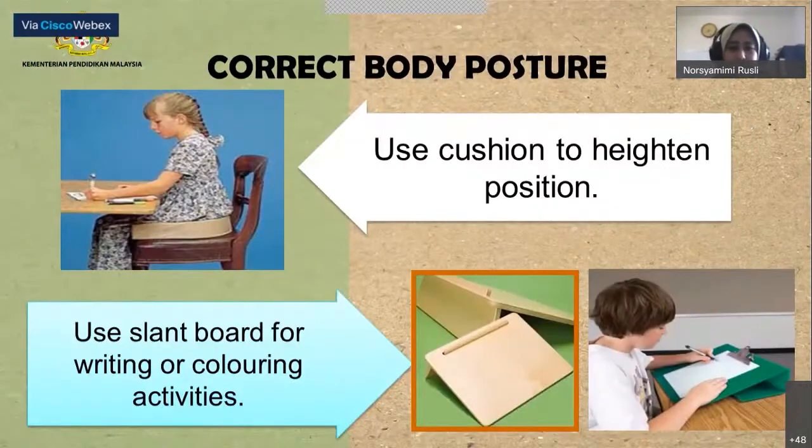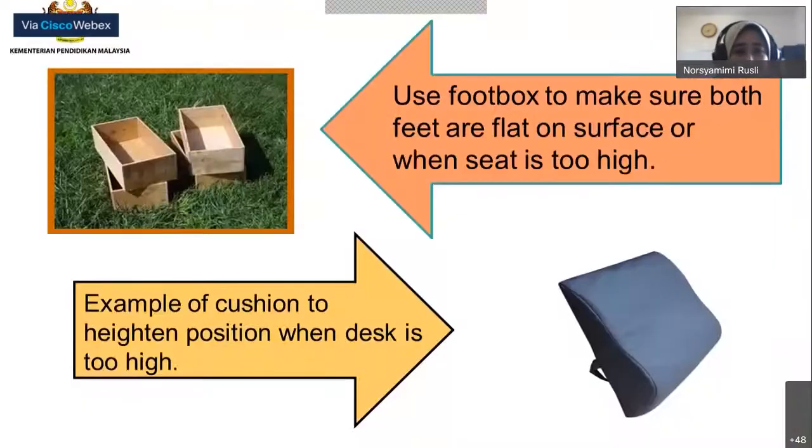Okay, so this is the example of cushion. Use cushion to heighten position when writing. Okay, again, using slant board to elevate position of the paper when writing or coloring activities. Okay, this one using foot box.